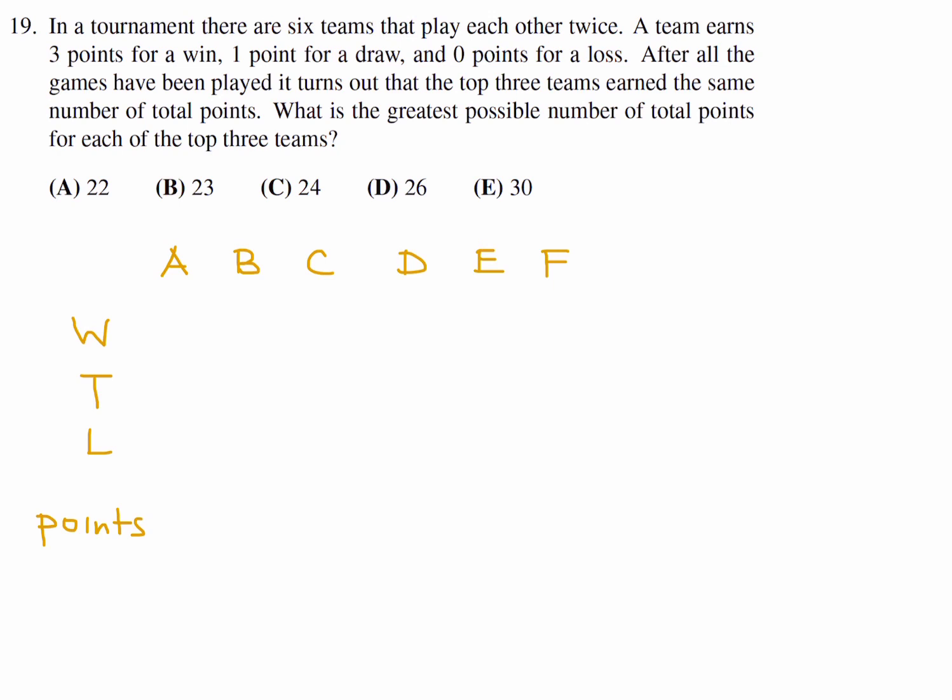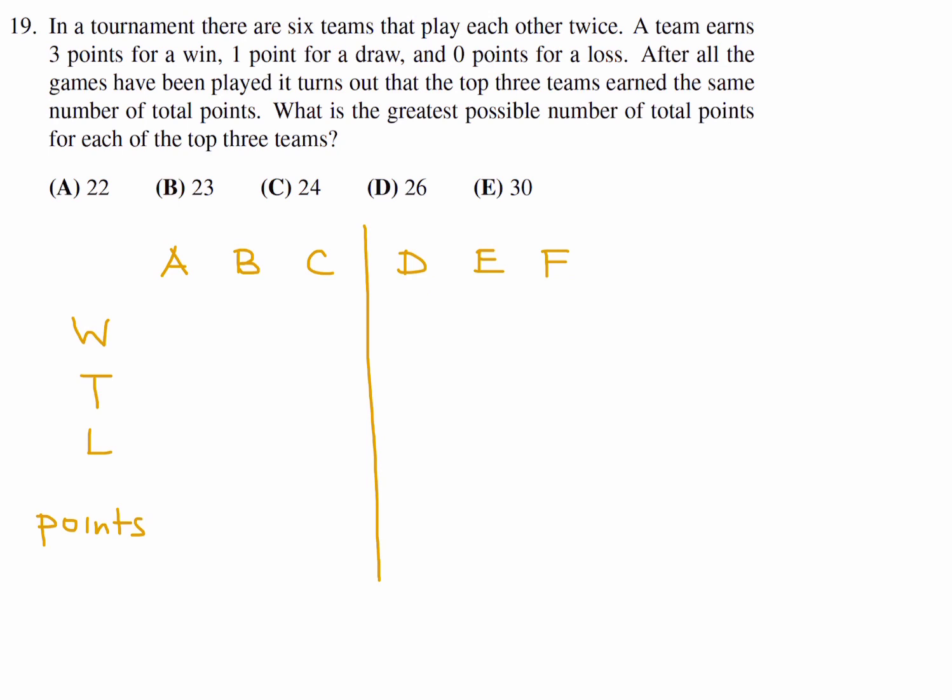Okay, well, they each play each other team twice. So there's 6 teams. Each is going to play the other 5 twice. So each plays 10 games. So let's make it simple so that each of these teams beats these teams. So the top 3 teams are A, B, C, and A beats D, E, and F all the time.